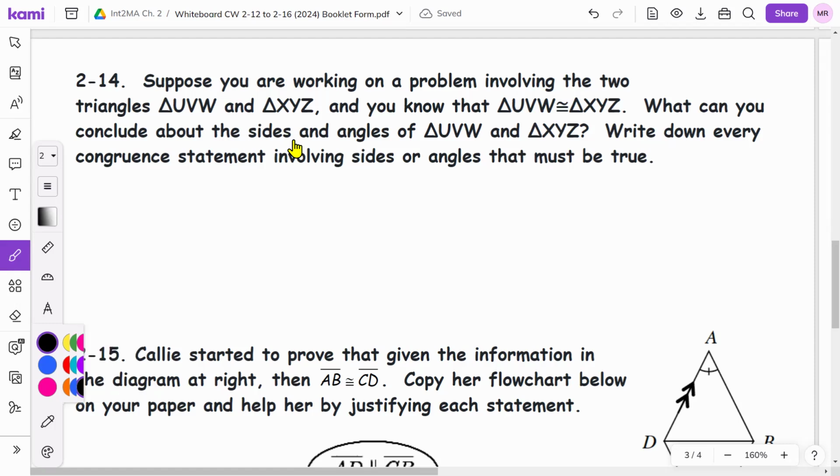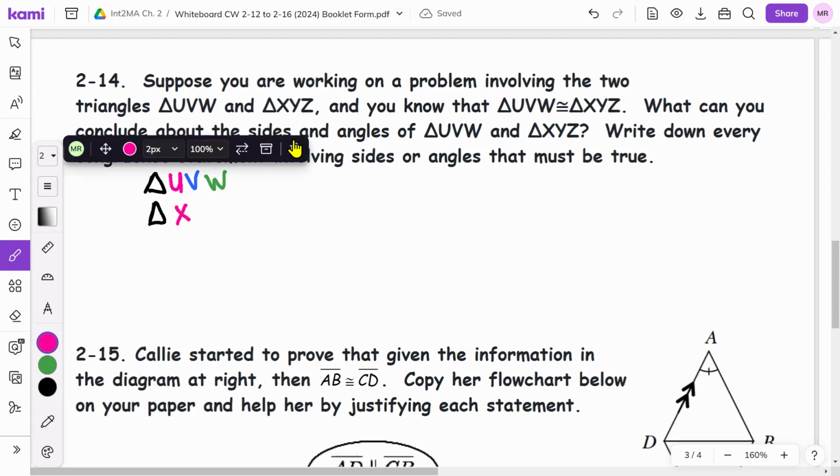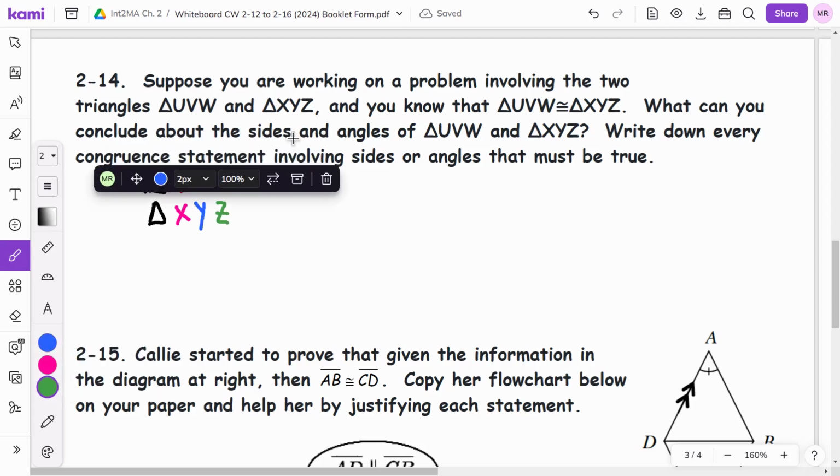So if they gave me this, I'm going to write triangle UVW, okay? And I'm going to write the other triangle underneath so I can match things up easily. So it was X, Y, Z. So there's going to be 6 things that I can say.